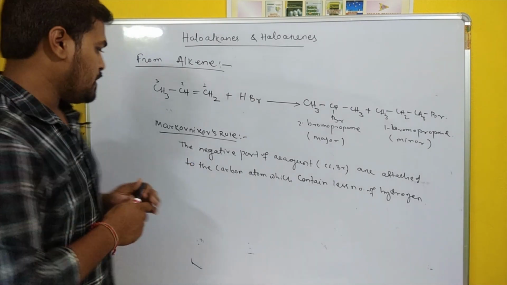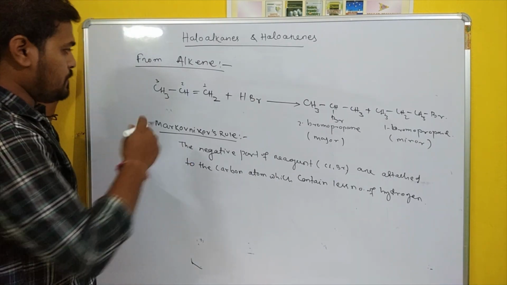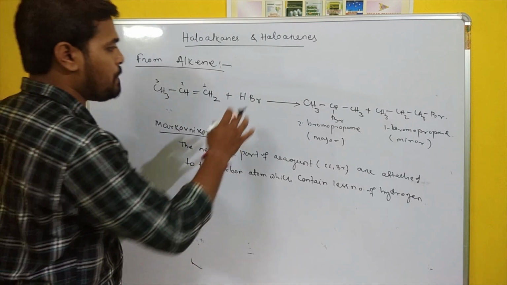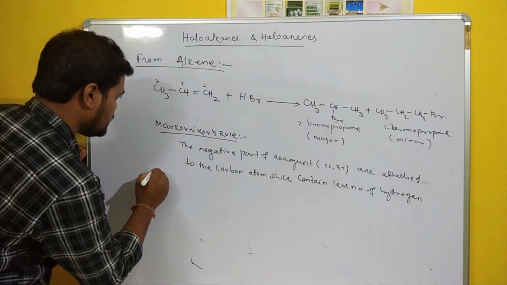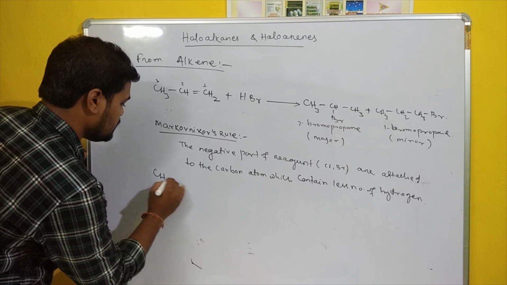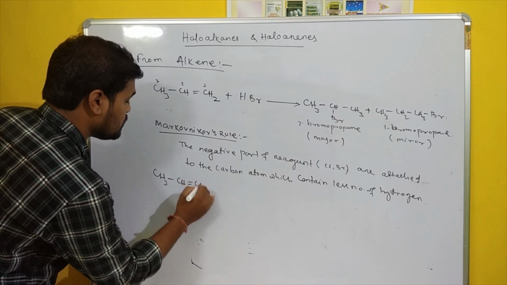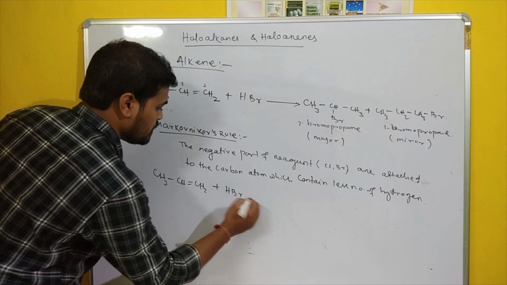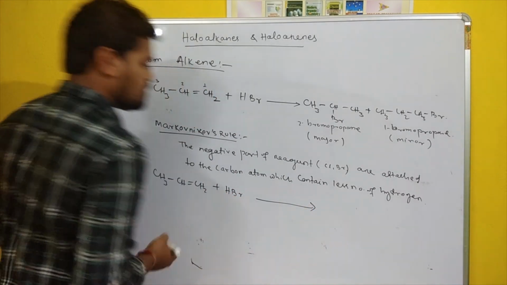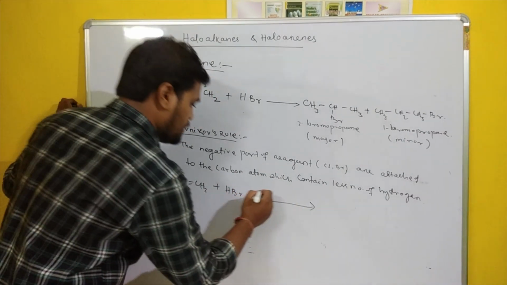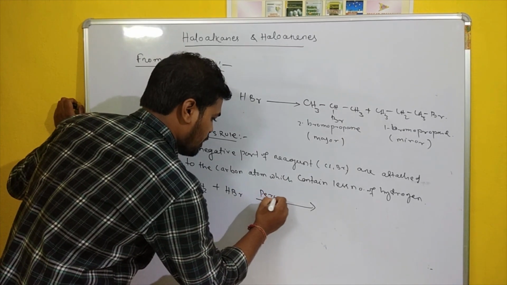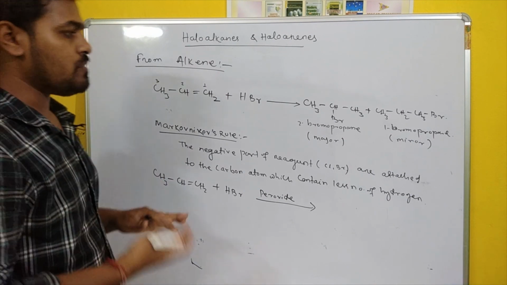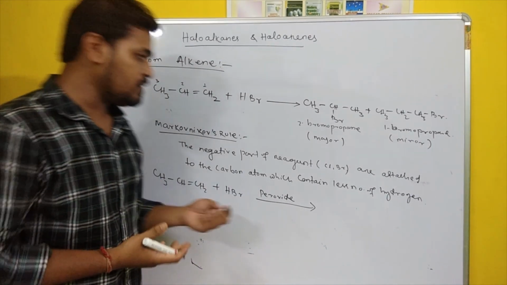Now you understand? So if the same reaction proceeds under peroxide, let us consider that reaction: CH3CH=CH2 plus HBr. If the same reaction is carried out under peroxide, what is the major and what is the minor product in this reaction?